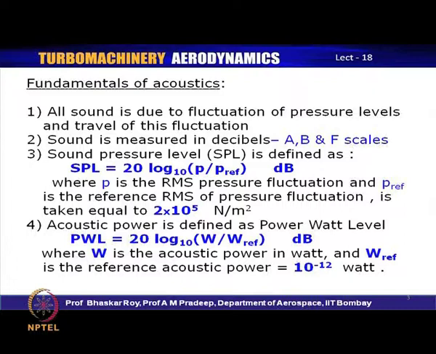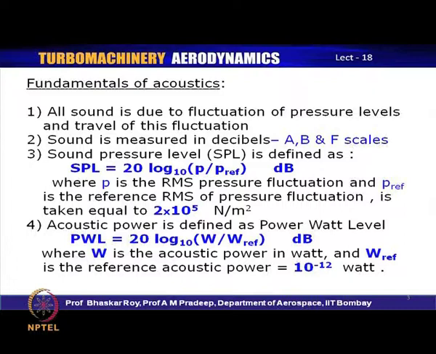Now, dB measurement is in number of scales. We will come to those scales a little while later. In this equation, P is the RMS, root mean square, pressure fluctuation, and P reference is the reference RMS of the pressure fluctuation, and this reference is normally 2 into 10 to the power minus 5 newtons per meter square, which is the normal unit for pressure.